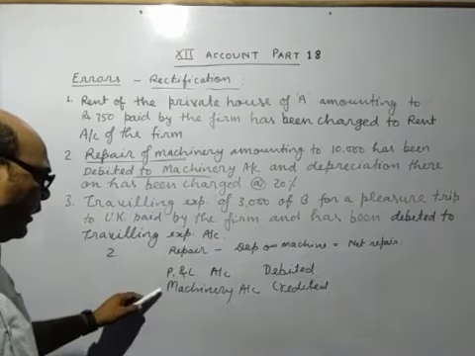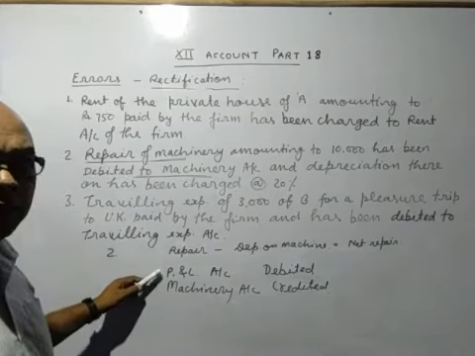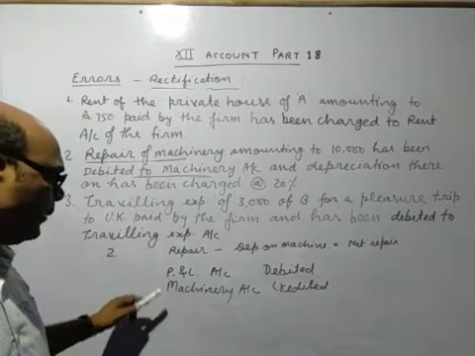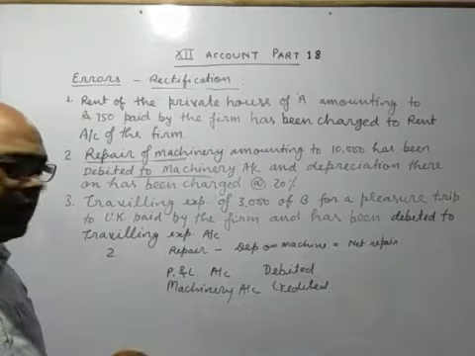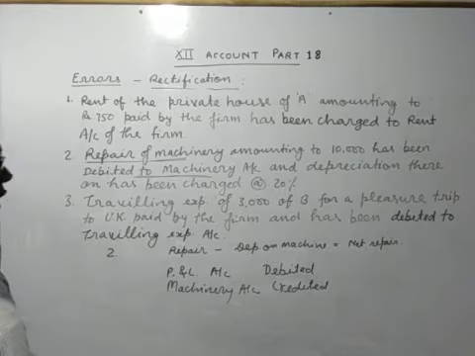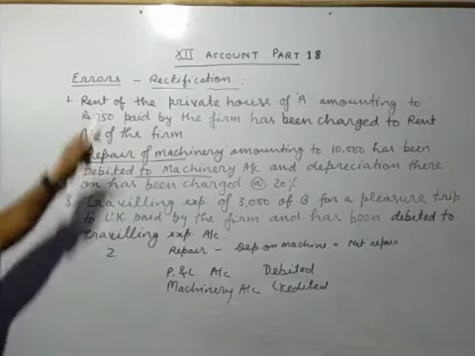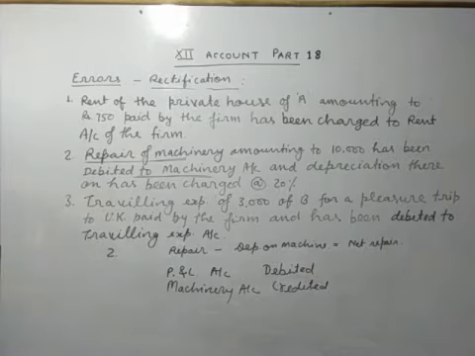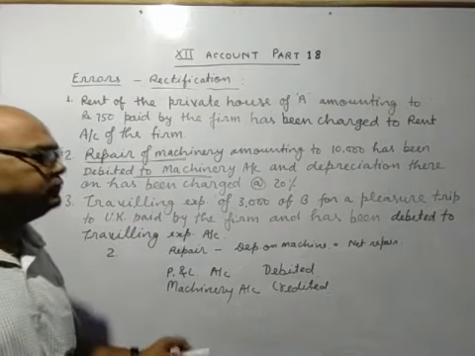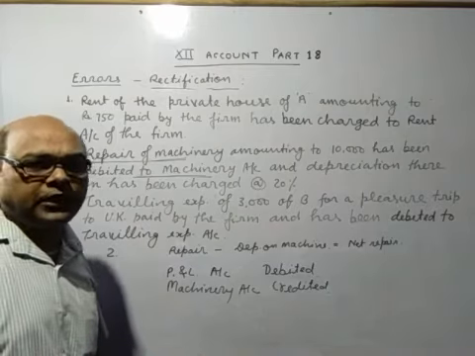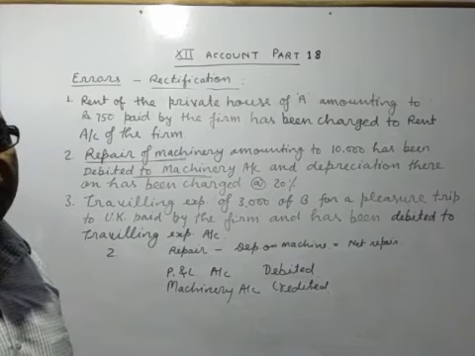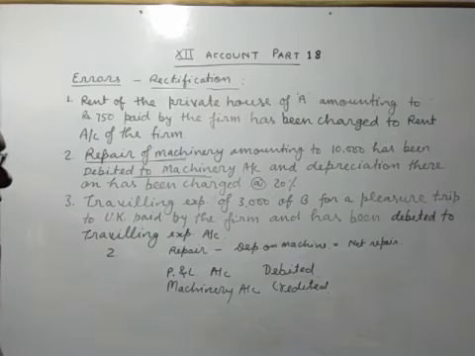So this impact will come only on the P&L. This will not come on the P&L appropriation and partners' capital. First you will make the rectification. After that, whatever the correct profit comes, that correct profit you will record on the P&L appropriation account credit side. Thank you.